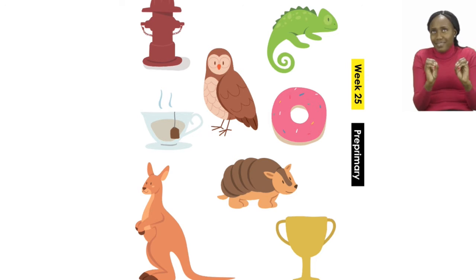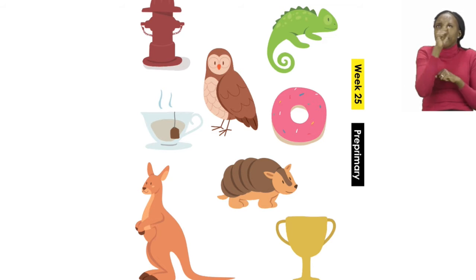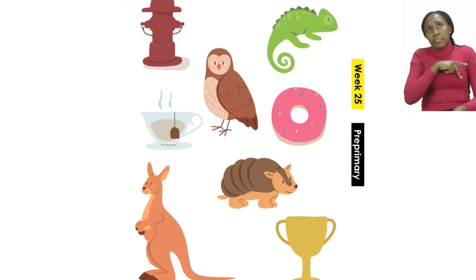Now, if we have a look at the pictures, we have to be able to identify or find out which of these pictures or things in these pictures are living things and which ones are non-living things. And remember, we have to circle all the living things green and all the non-living things purple.